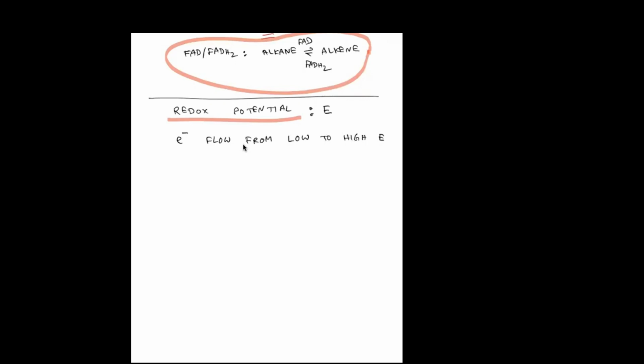Okay, so if I give an electron to someone, if I give an electron to Tanner, then Tanner must have higher redox potential than me. So think about E as like an affinity.